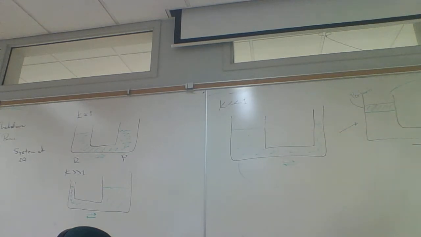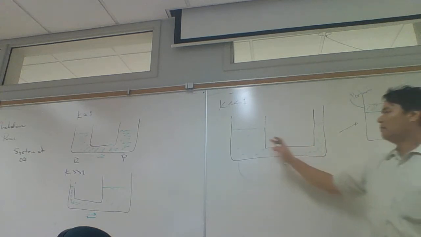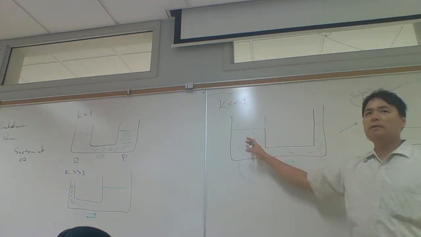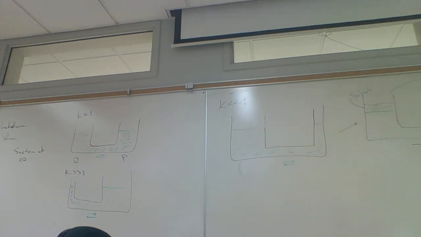You have to read the question carefully. Sometimes they ask what happened to the reactant compared to the initial equilibrium. Sometimes they ask what happened to the reactant compared to the perturbed equilibrium. From the perturbed it goes down, from the initial it goes up.